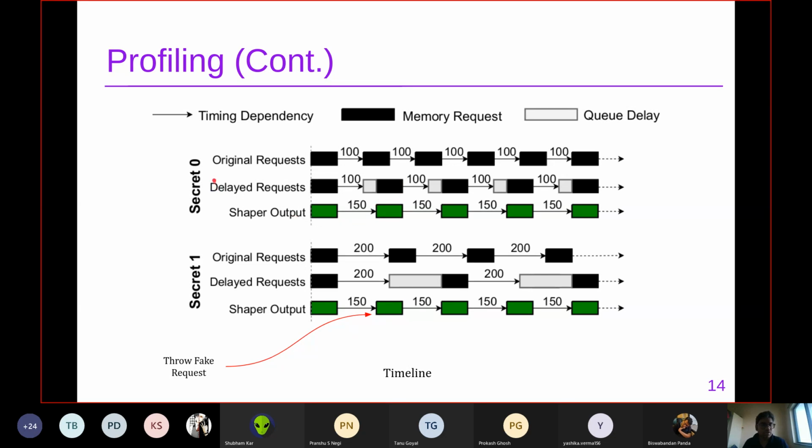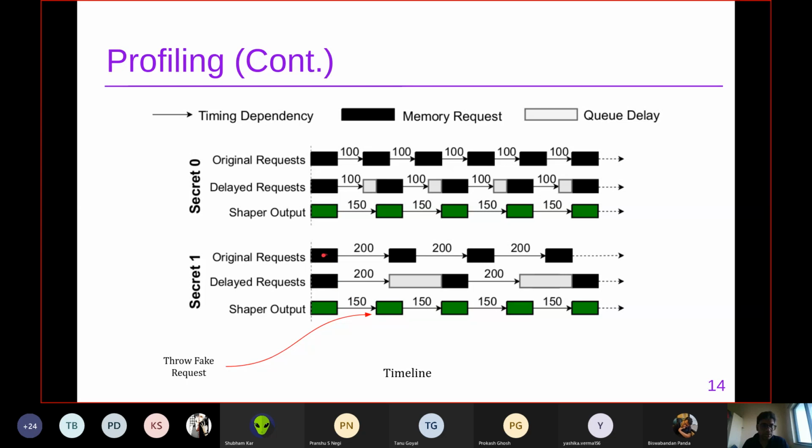So this was in case of secret 0, where one thing to notice is that the frequency of requests of the shaper with respect to the original request was slower. In case of secret 1, this will be inverse. The original requests are actually coming slower, but the shaper's requests are coming faster.